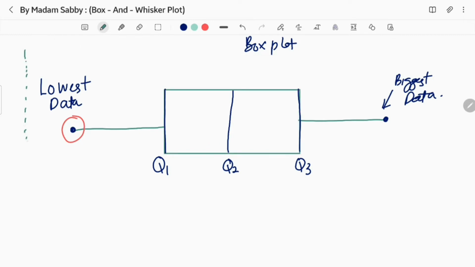We normally write them in the form of a dashed line. This should be your lower boundary, and on the right side, this should be the upper boundary.